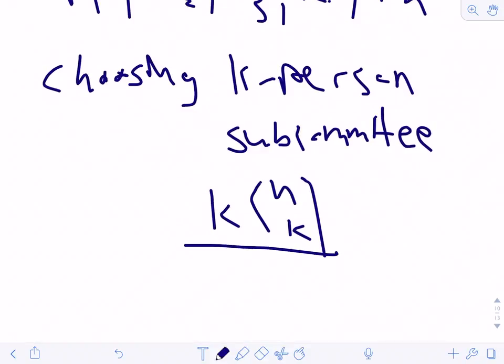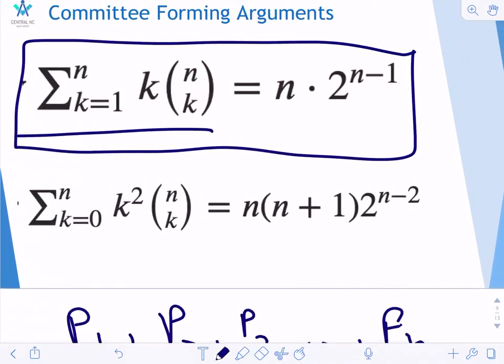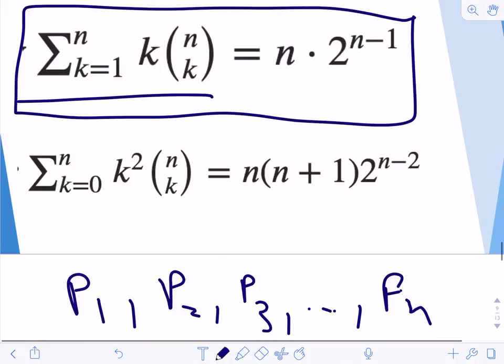So that's where the k times n choose k comes from, and by adding up from k equals 1 to n, essentially the summation corresponds to the number of ways to just pick a subcommittee of any size and pick its leader. So again, the summation on the left-hand side corresponds to picking a committee of arbitrary size and then choosing its leader.